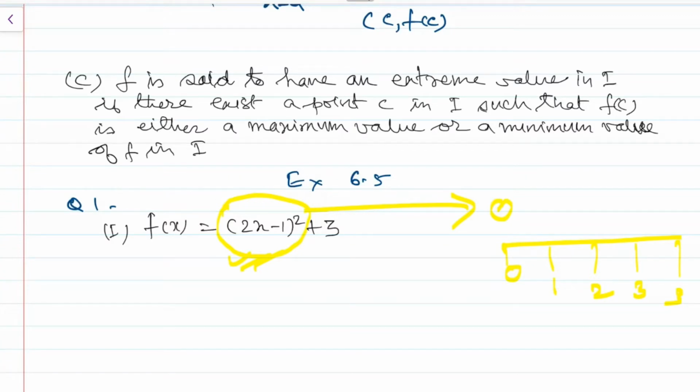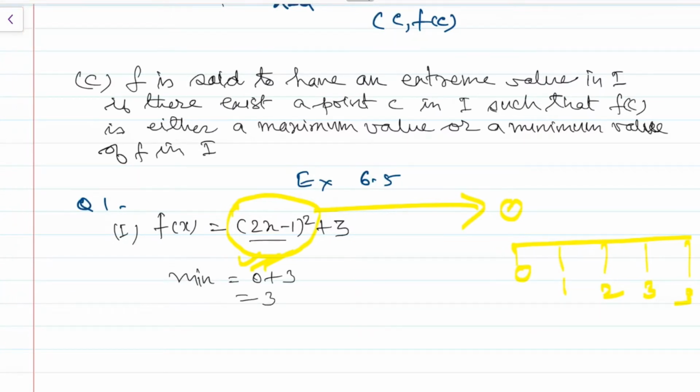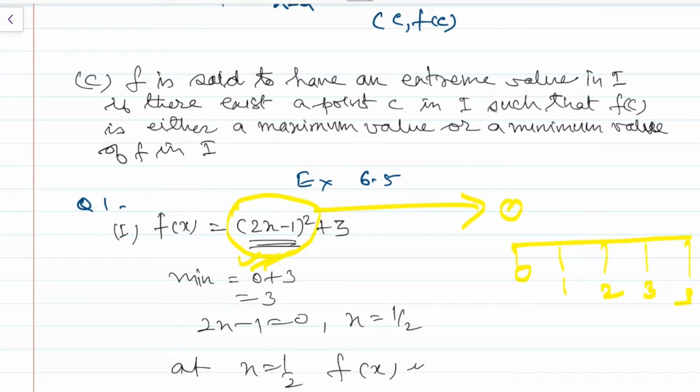What will be that minimum value? The minimum value will be 0 plus 3, it will be 3, when this term is 0, when 2x - 1 is equal to 0, when x is equal to 1/2. So at x equal to 1/2, f(x) is minimum, and that minimum value is 3.